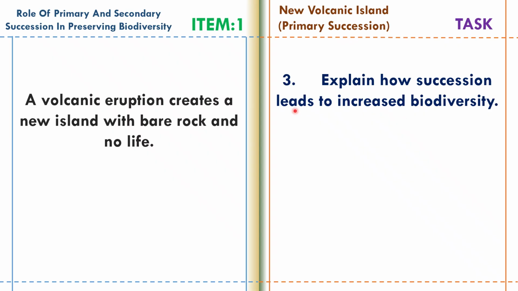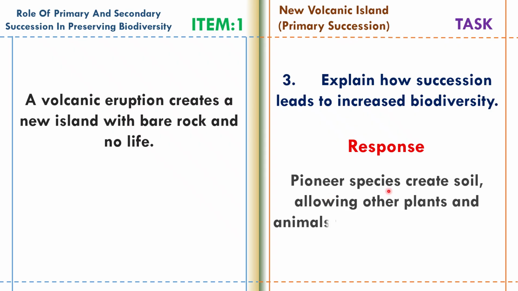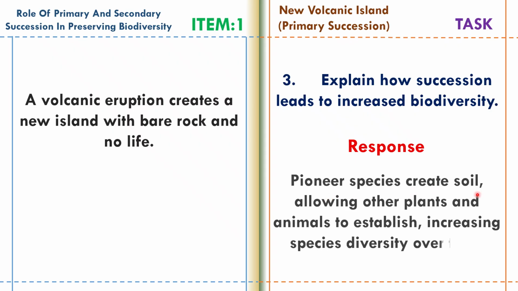Explain how succession leads to increased biodiversity. Pioneer species create soil, allowing other plants and animals to establish, increasing species diversity over time.